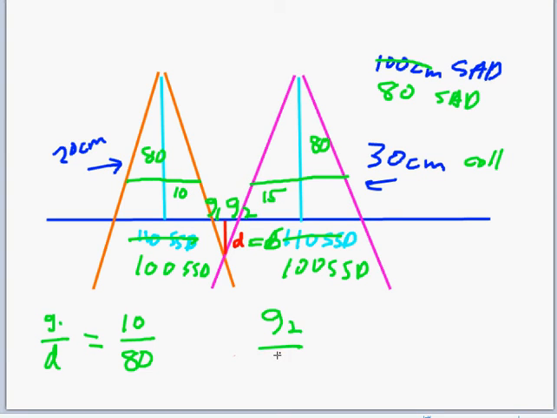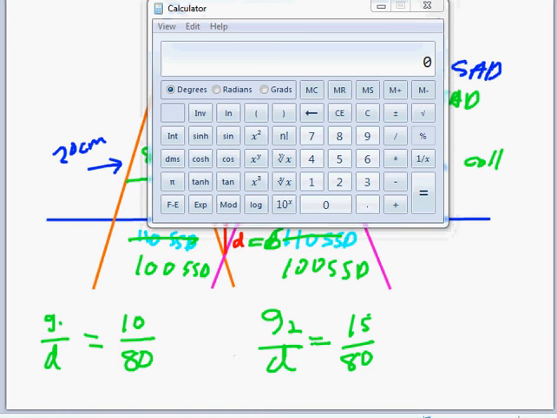G2 over D is going to be 15 over 80. So let's figure out what those two are. Again, we'll assume our depth is 6. We're going to have 10 divided by 80 times 6. That's going to be 0.75. Put that in here.